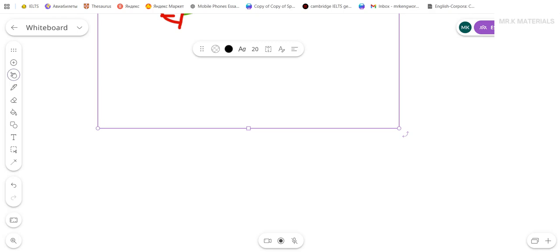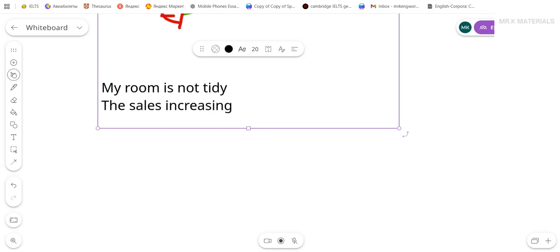Hopefully, after this video, we will avoid sentences like, let me put here, my room not tidy, right? There's no action. You want to use present simple here, and we need action here, my room. So I need to put is, not tidy, не является, right? And hopefully we'll avoid sentences like, the sales increasing.